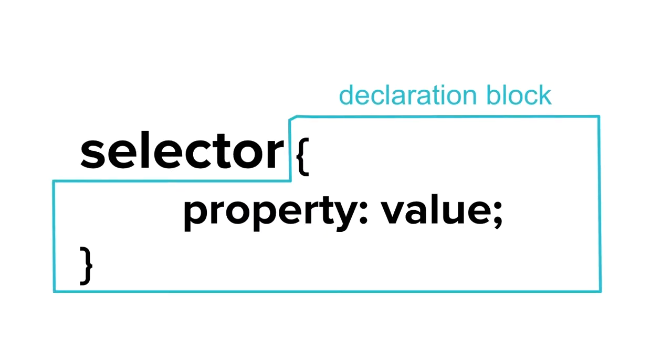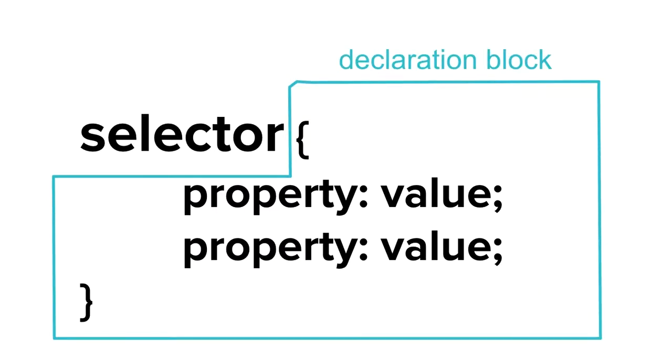When we're coding, it's also important to note that it's common practice to indent the properties and values within the declaration block, and you're going to see CSS often in this format. It doesn't matter how many properties we want to add or customize in our code. So for example, let's say I want to target multiple things in a particular element.